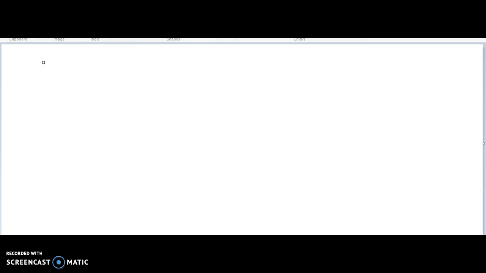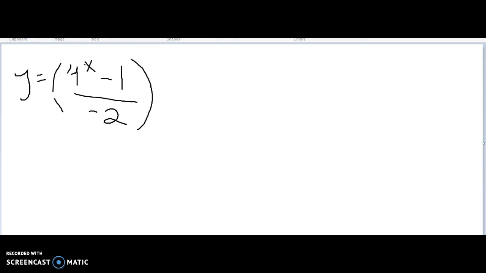Alright, so say we have y equals parentheses 4x minus 1 over negative 2, raised to the 1/2.